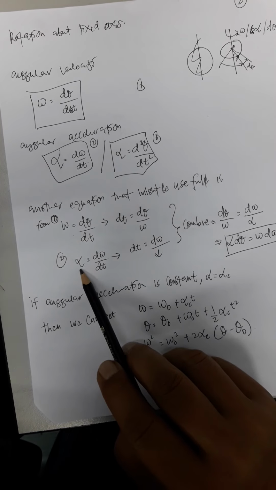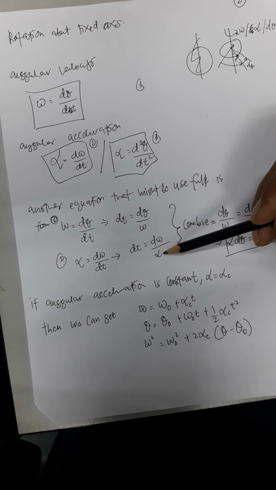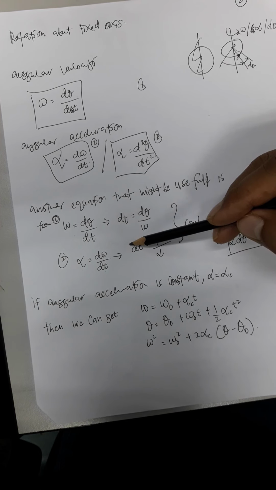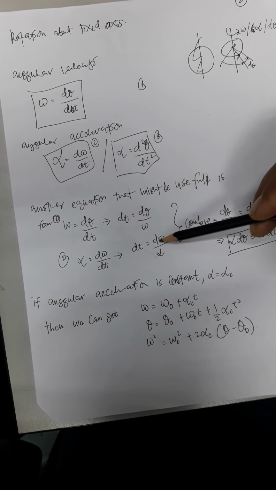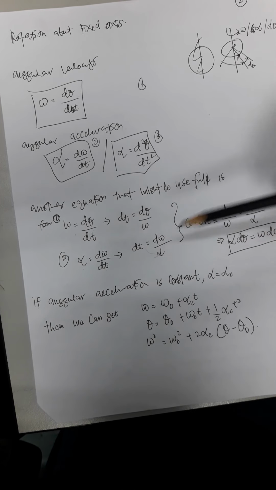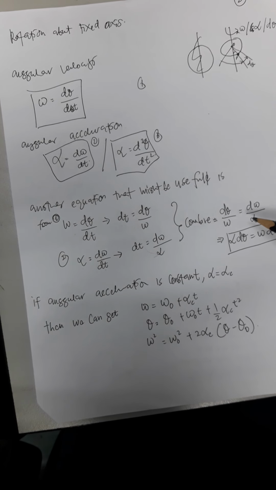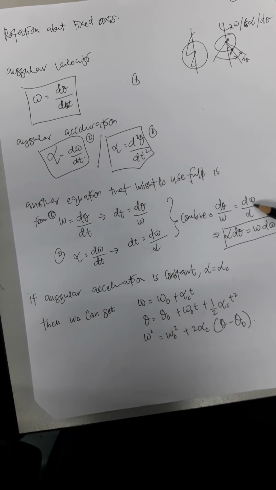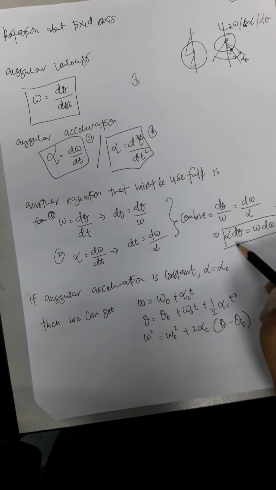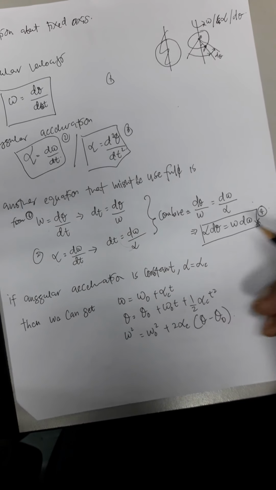The second one, alpha equals d omega over dt; I rearrange that equation, put the dt on the left side and alpha going down, so the equation will be dt equal to d omega over alpha. So when I combine these two equations, you can see that d theta over omega equals d omega over alpha. When I solve this equation, we get alpha d theta equal to omega d omega.